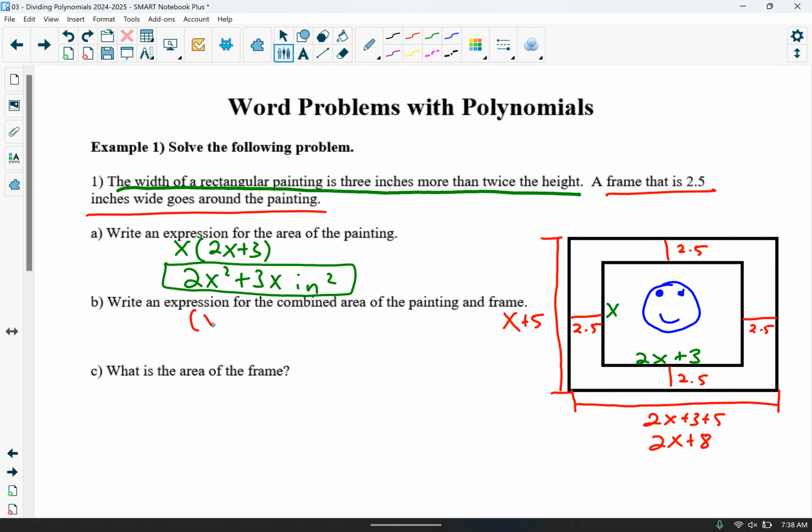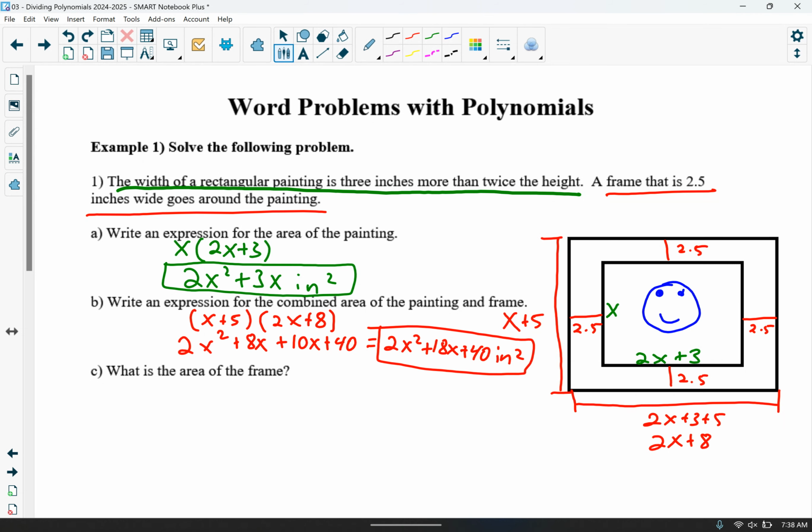So there we're going to have a nice binomial multiplication, x plus 5 times 2x plus 8, which then we can go ahead and distribute, getting 2x squared plus 8x plus 10x plus 40, which will then simplify to 2x squared plus 18x plus 40 inches squared.